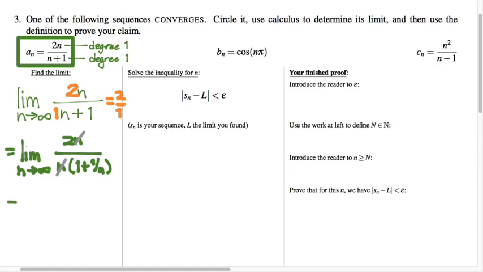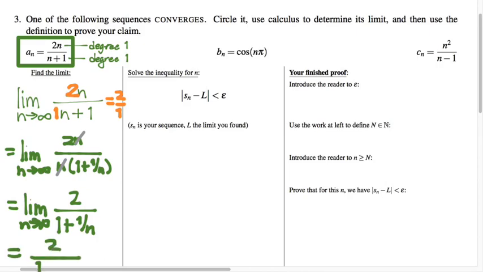That leaves us with only a 2 on the top and 1 plus 1 over n on the bottom. And then what happens as n tends to infinity? Yeah, the 1 over n bit tends to 0. So we get a 2. Right? That's another algebraic way that looks like something you would have done in first semester calculus.